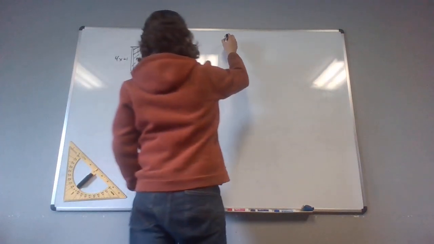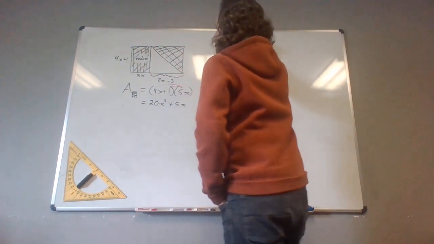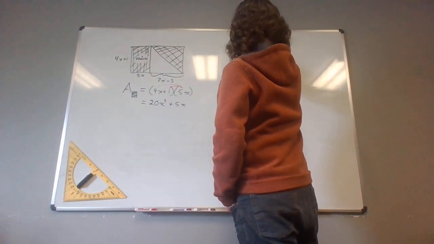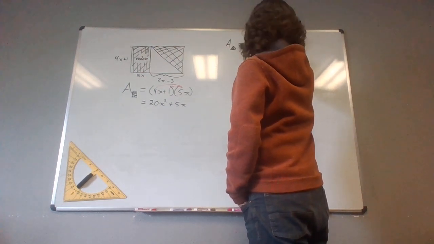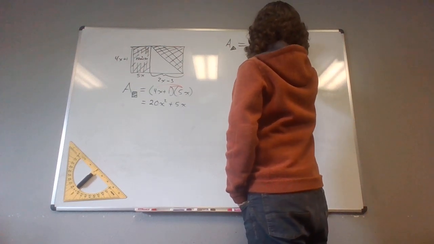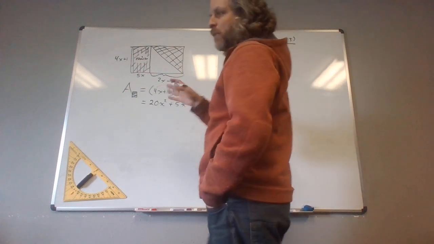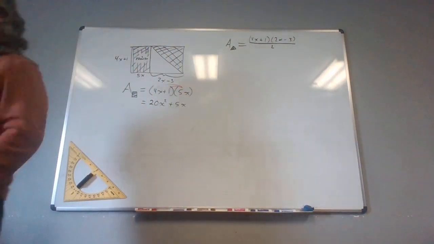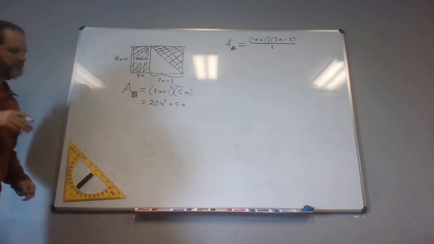So the area of the shaded triangle equals 4x plus 1 times 2x minus 3 divided by 2. Or you could say all of that multiplied times a half. It's the same thing, right? So what do we need to do to simplify that one?